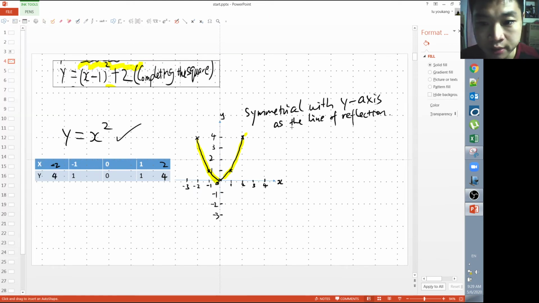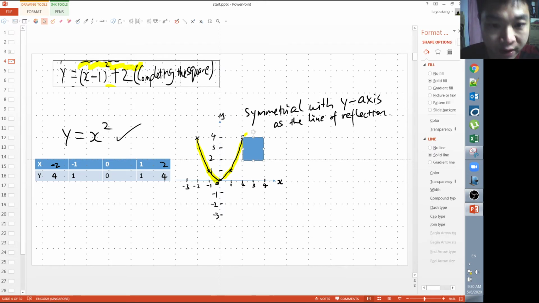The statement means that if your y-axis is your line of reflection, your y-axis acts as a mirror. So if you have a square here, how does your square look in the mirror? Your mirror image of this square should be here, it should look like this.